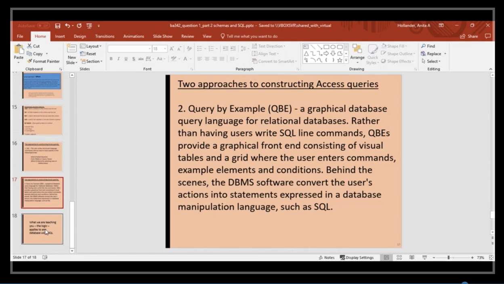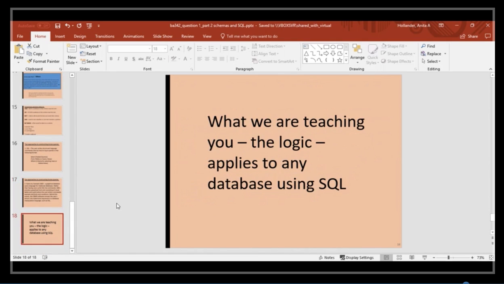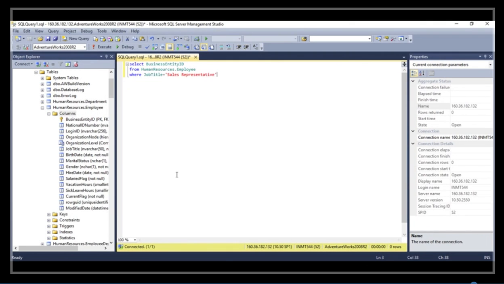But I also wanted to say before we go any further, what we're teaching you, this query logic, we're going to teach you in such a way that applies to any database using SQL. For example, what you're going to learn is what you would see if you were using SQL Server. If you were using SQL Server, you would simply type in the commands yourself.